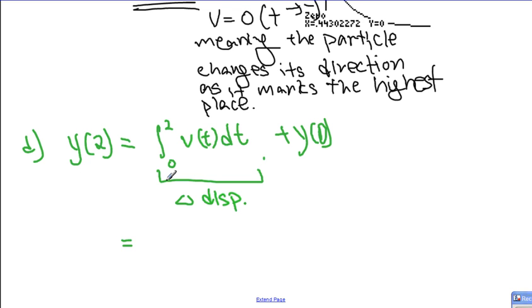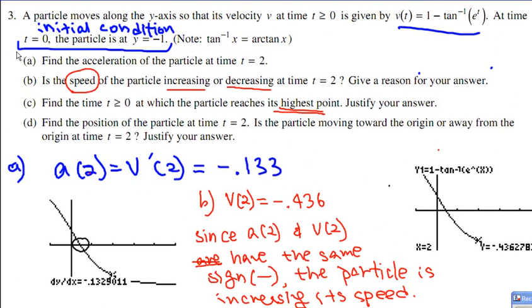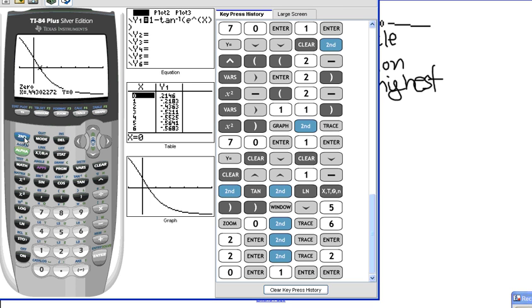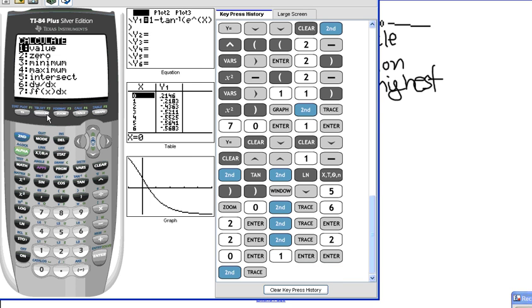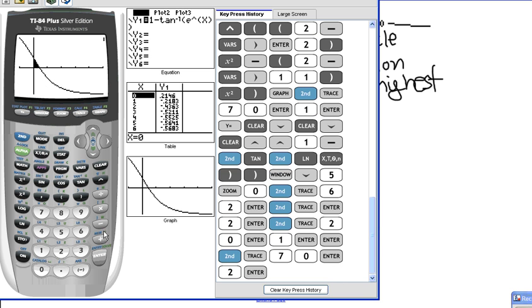Now, have we calculated this one already? I don't think so. So let us try to calculate that for a second. Second, calc, number 7, lower limit was 0, upper limit was equal to 2. Notice the net change from 0 to 2 would have been this.